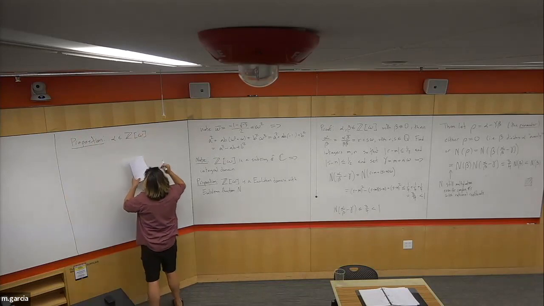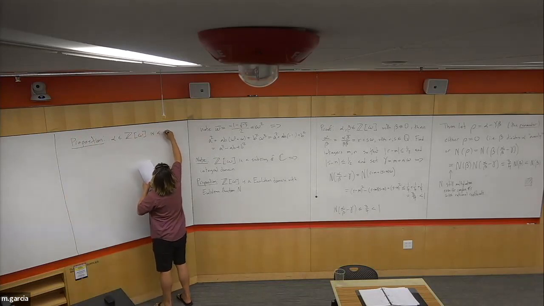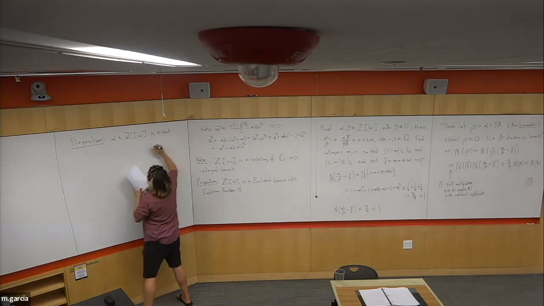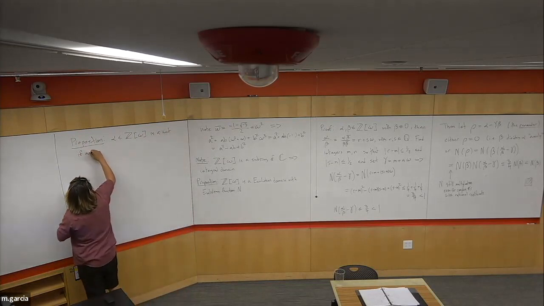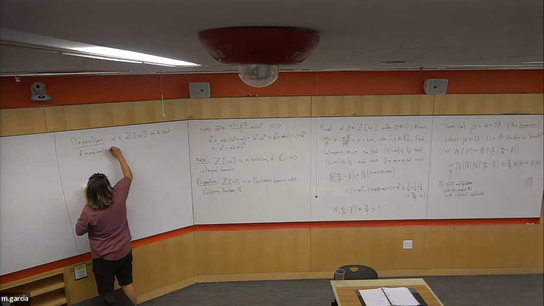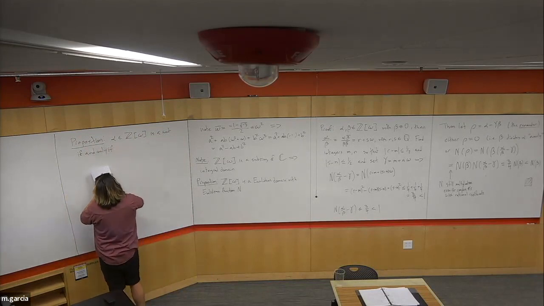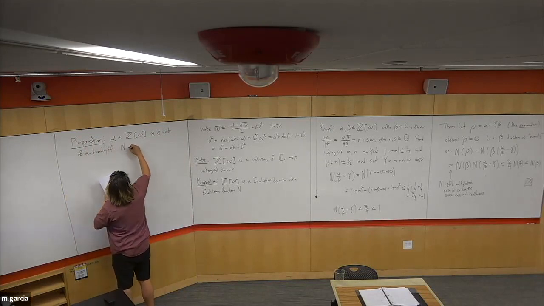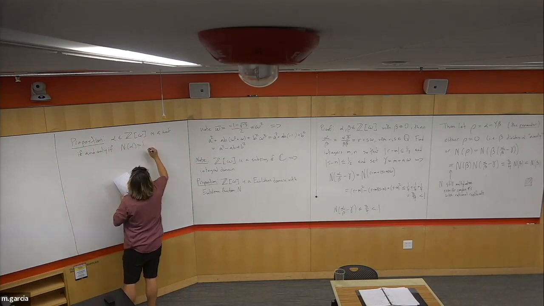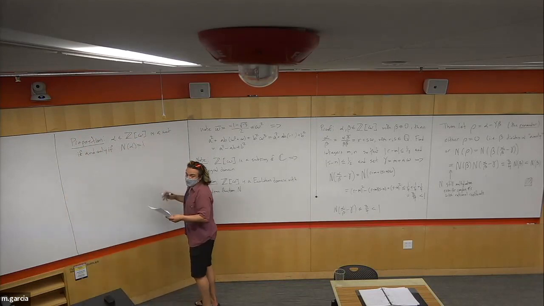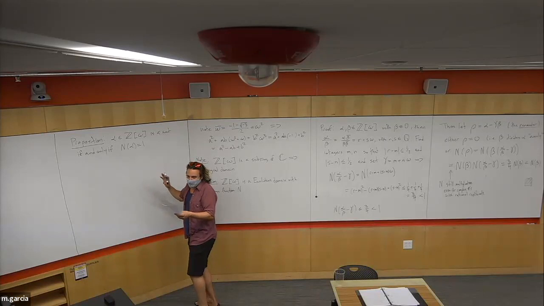The proposition. Alpha, an Eisenstein integer, is a unit if and only if its norm is 1. This is completely analogous to what we saw before.